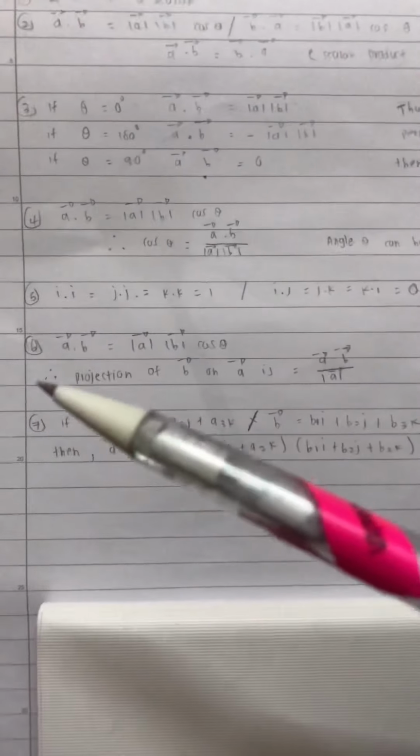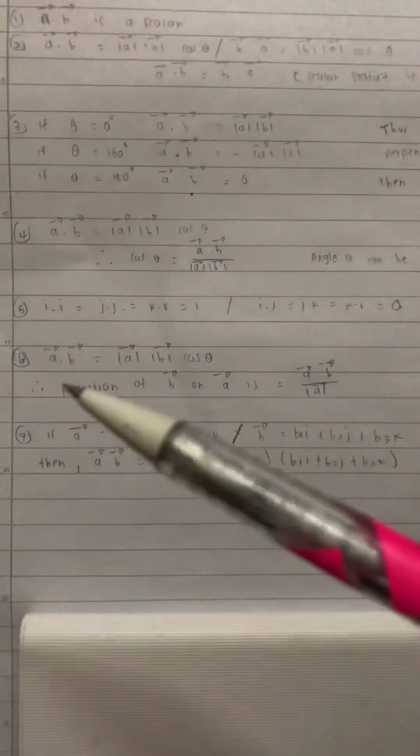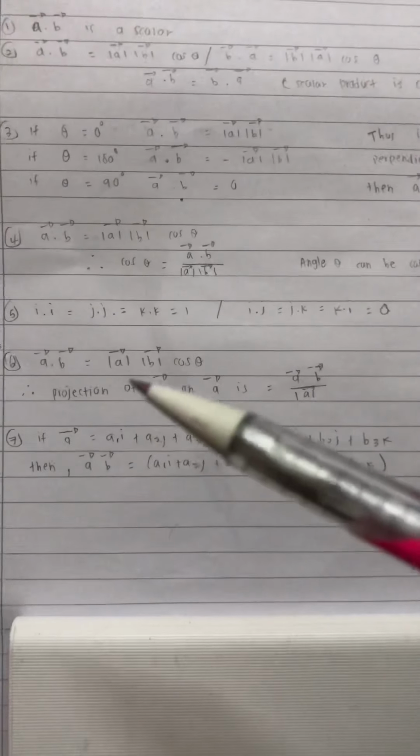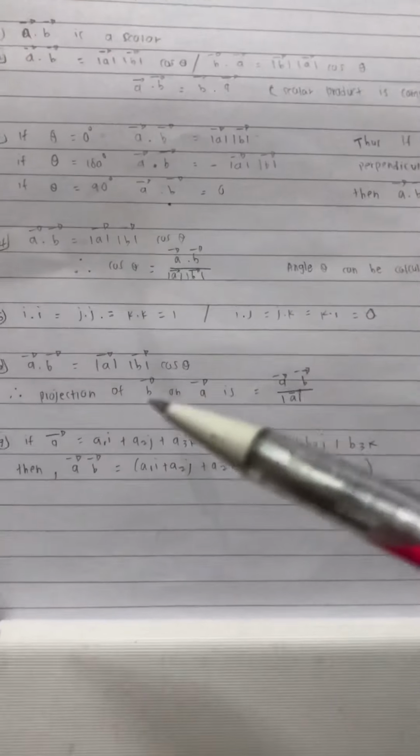The sixth property of scalar product is vector A dot vector B equals magnitude of vector A, magnitude of vector B, cos theta.